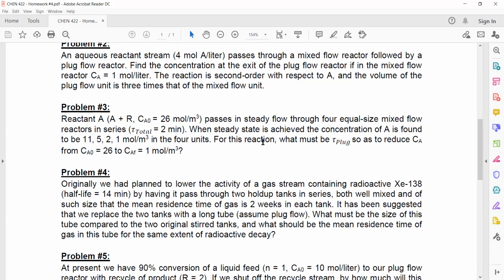The wording is a bit clunky; these problems are taken from Levenspiel, and he tends to use clunky wording at times. Anyways, I think this is page 5.